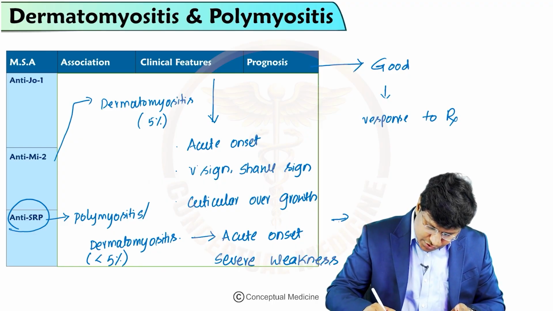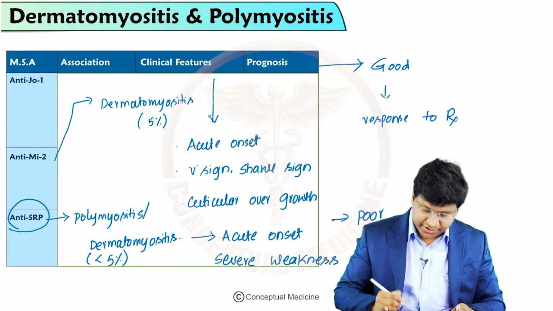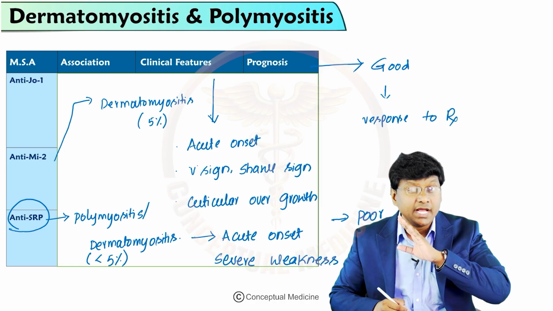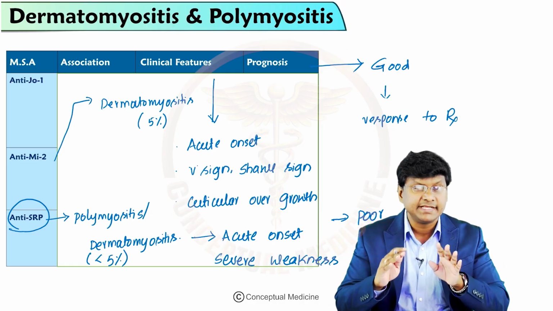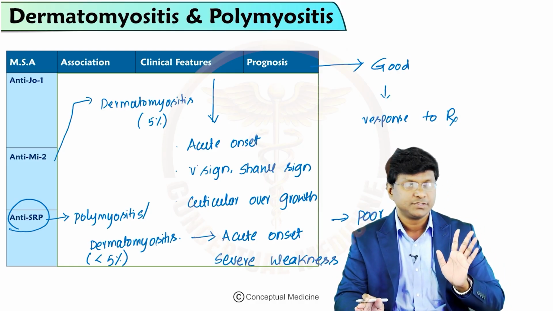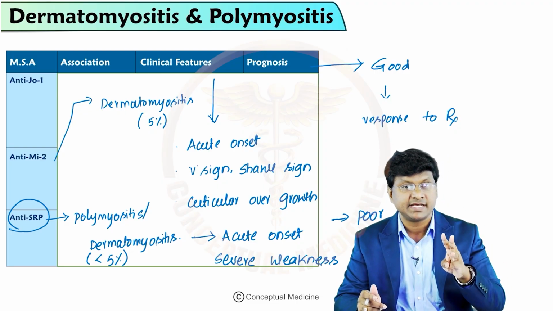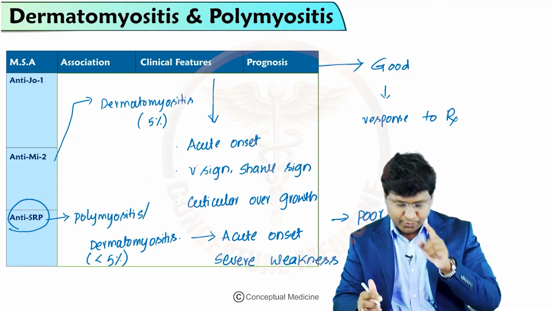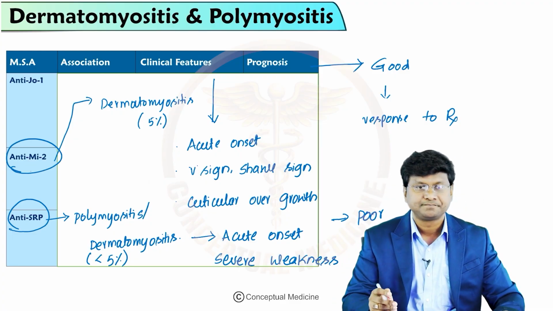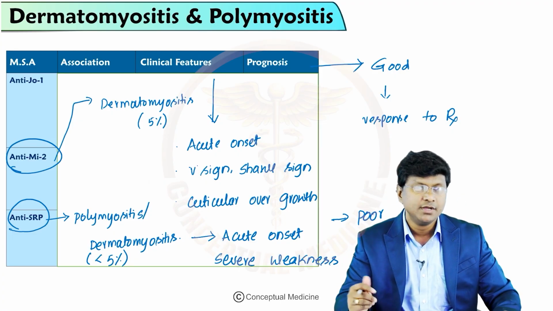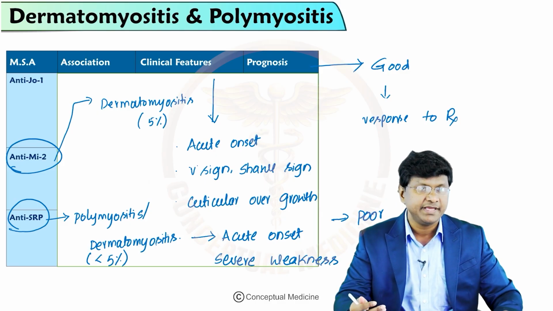And how is the prognosis of anti-SRP associated polymyositis or dermatomyositis? It has a poor prognosis, and there is a poor response to therapy. So out of these three, anti-Jo1, anti-Mi2 and anti-SRP, the one having a good prognosis is anti-Mi2. Anti-Jo1 has a moderate prognosis. Anti-SRP is associated with a poor prognosis.